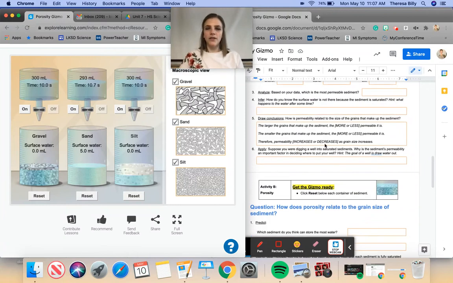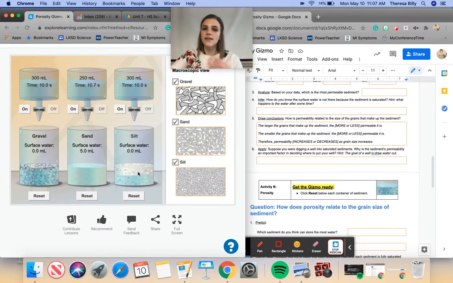Question number 5, draw conclusions. How is permeability related to the grain size of that sediment? The larger the grains that make up the sediment, the blank permeable it is. Let's think about it. Gravel had very large grain sizes. It let water go through right away, very fast, so it was more permeable. The smaller the grain sizes that make up the sediment, the less permeable it is.